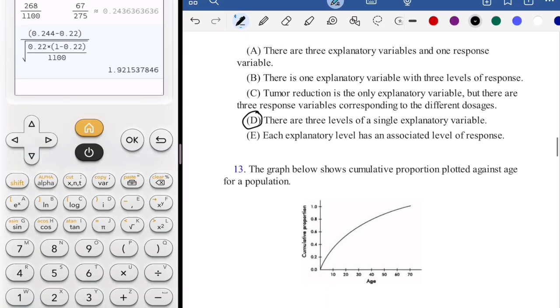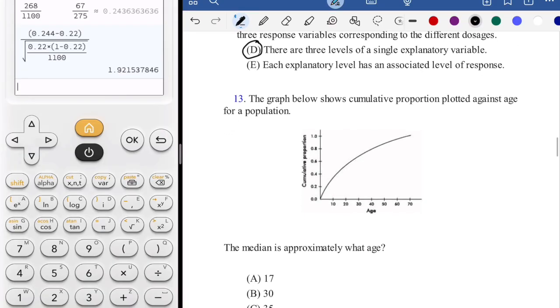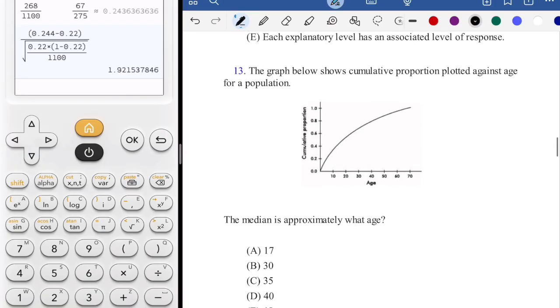The graph below shows a cumulative proportion plotted against age for a population. You want to know what the approximate value would be for the median. If it's a cumulative proportion, all we're really looking to do here, with a little dotted line action, is estimate where 0.5 is and see what that corresponds to in terms of an age, because the median is the 50th percentile.